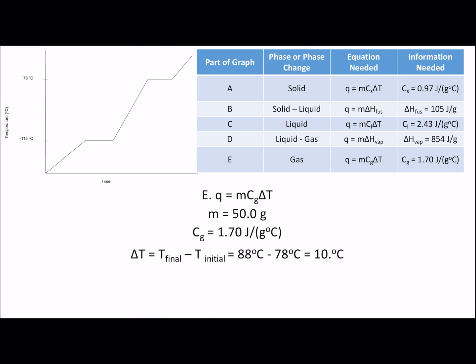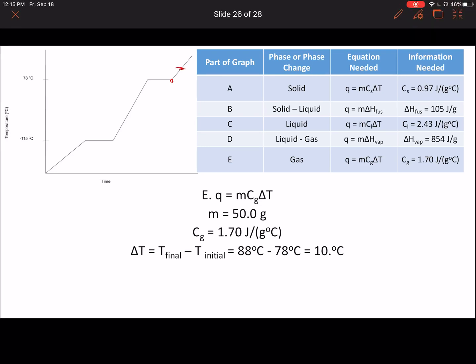We know our initial temperature is going to be right here at the 78 degrees. But we're not going all the way to the top or to a final temperature. We are going to 88 degrees. So we know that's roughly up here. So our final temperature is going to be 88 degrees, and we're heating it from a hot liquid at 78 degrees Celsius.